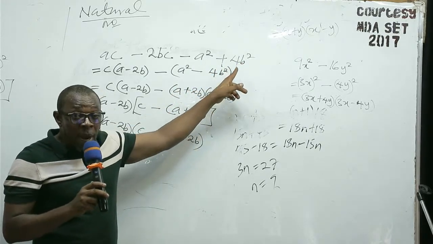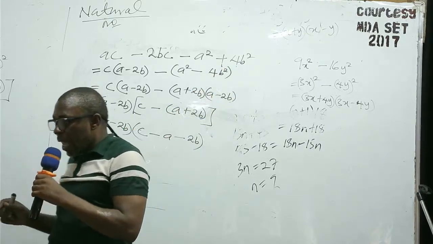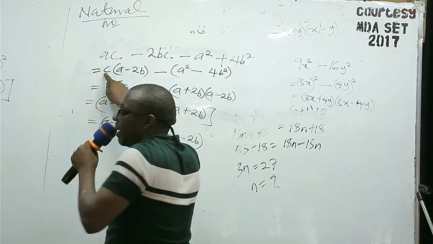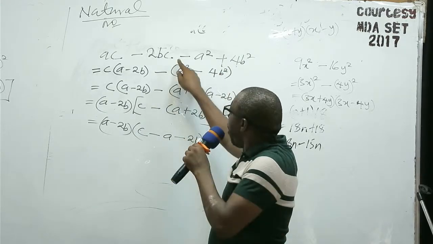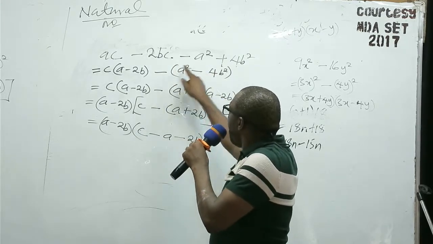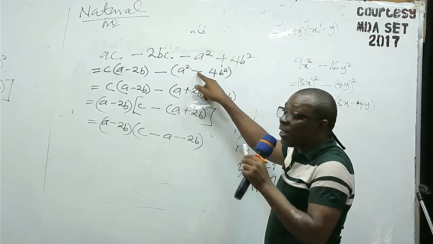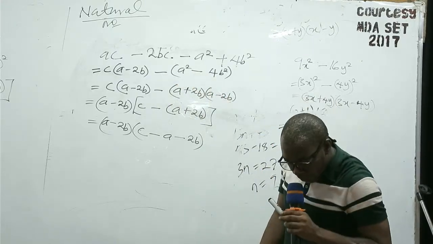The only problem was that here is negative. So we can do something. How do we do it? You can remove C here. Then for this one, we can bring out minus. Here becomes what? So that minus times minus is plus.